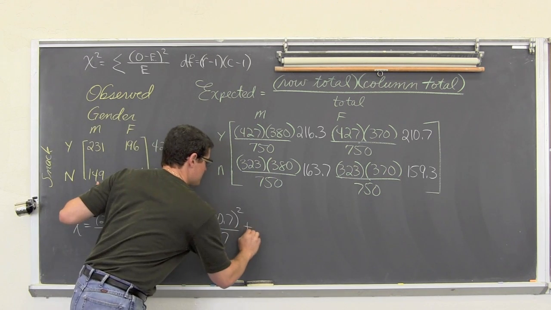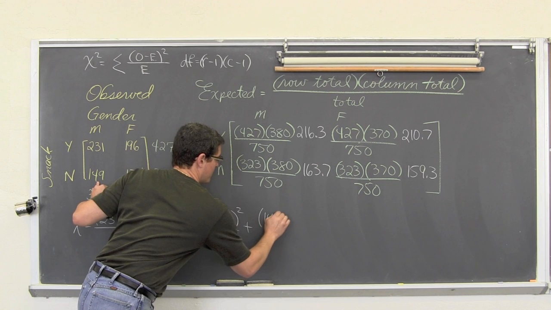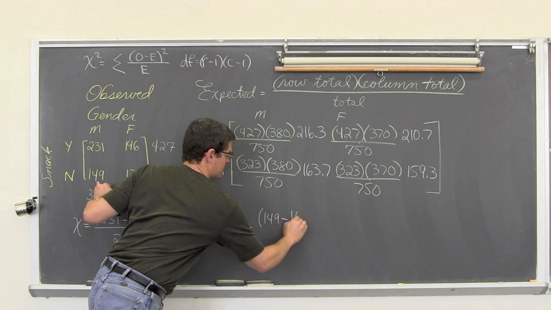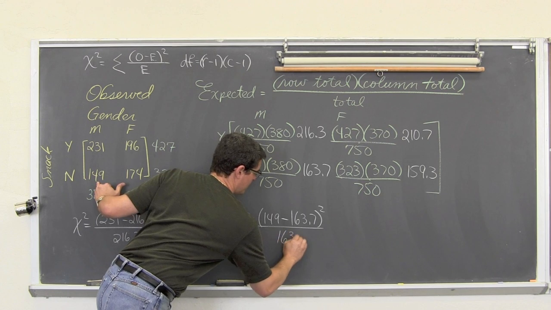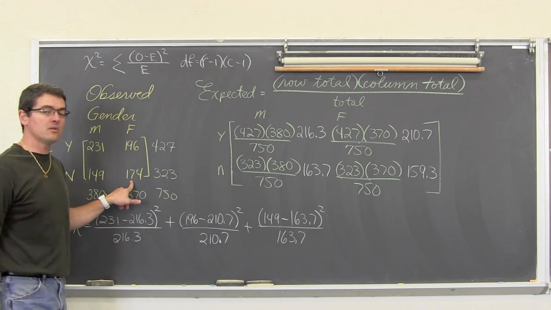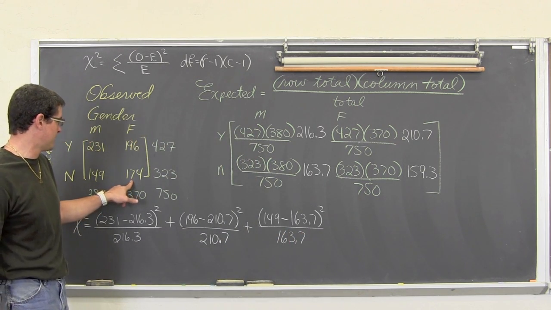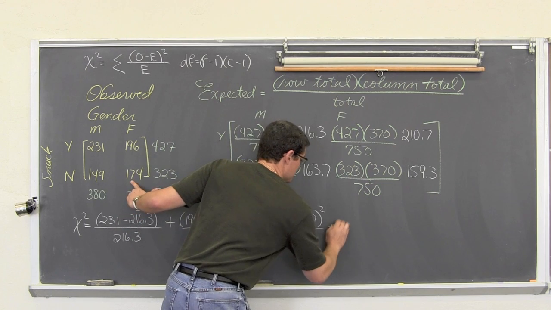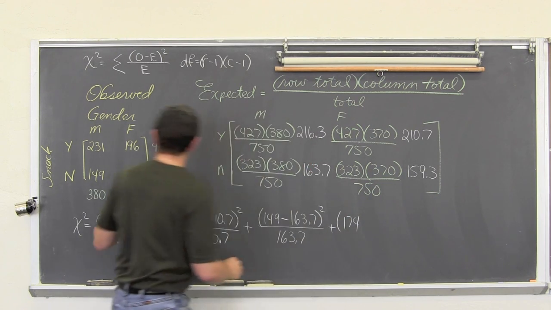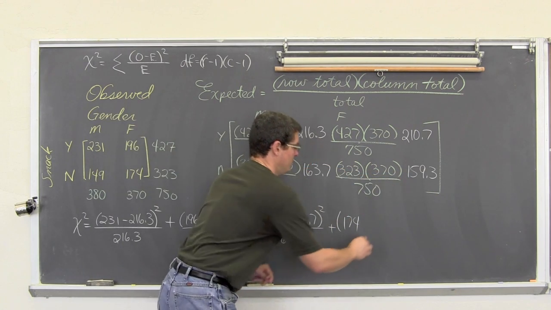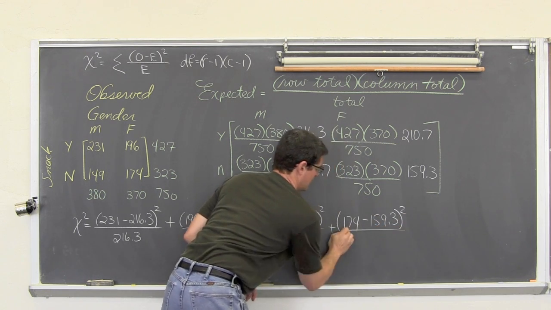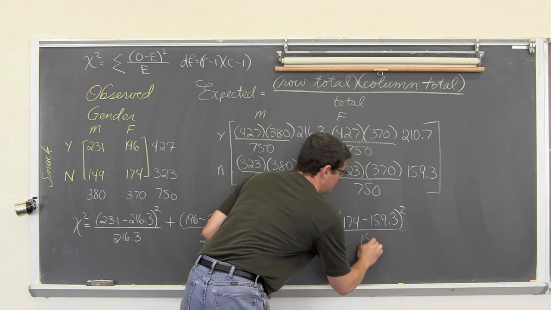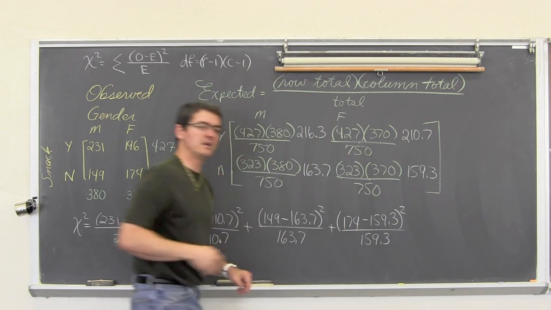So we have plus 149 minus 163.7 squared divided by 163.7, and finally the 174, the last cell we have to deal with, which is going to be our last observed value minus the expected value squared over 159.3.